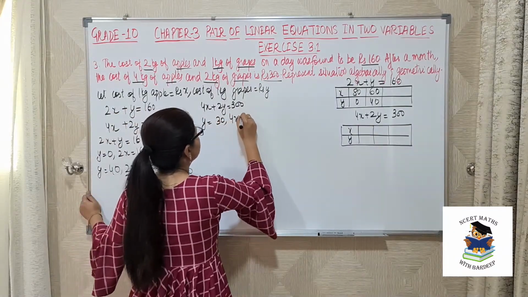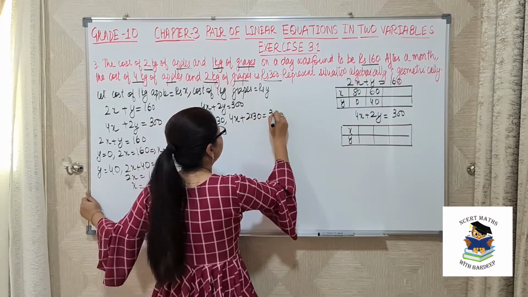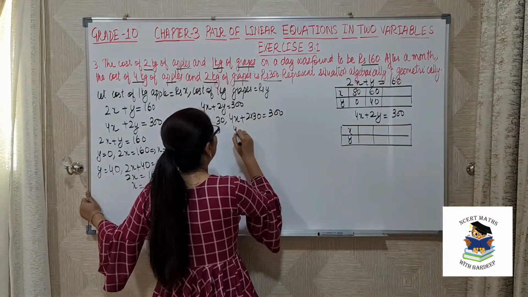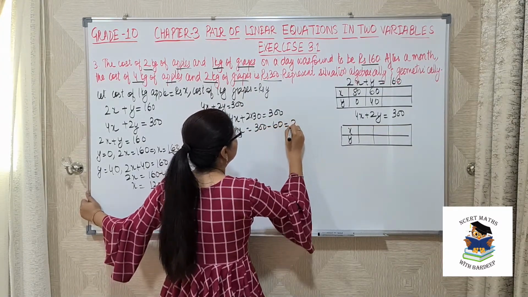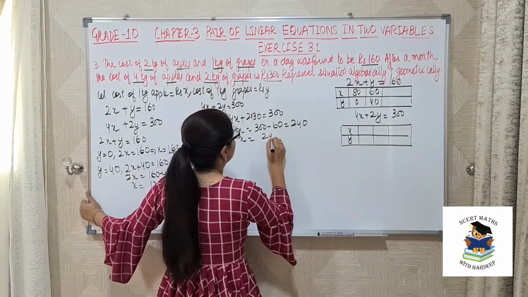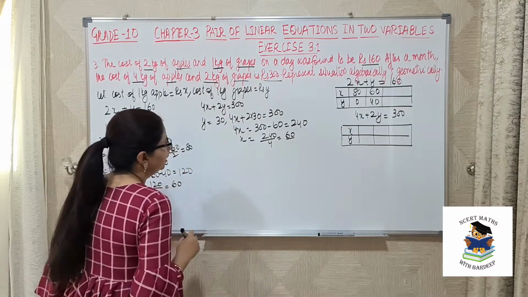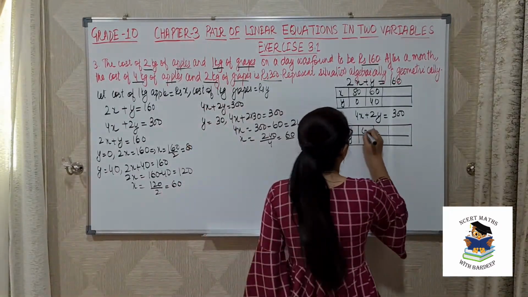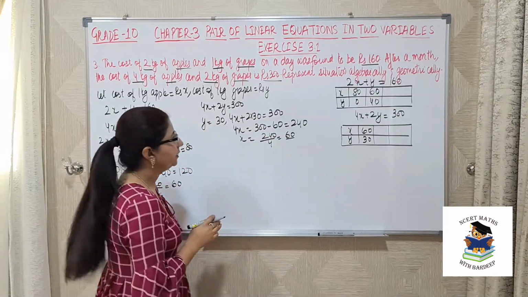So 4x plus 2 into 30 equals to 300. So 4x is equal to 300 minus 60. So this is 240. And then what is x? 240 divided by 4 means 60. So x is 60 and y is 30. Okay. So this is my first point.